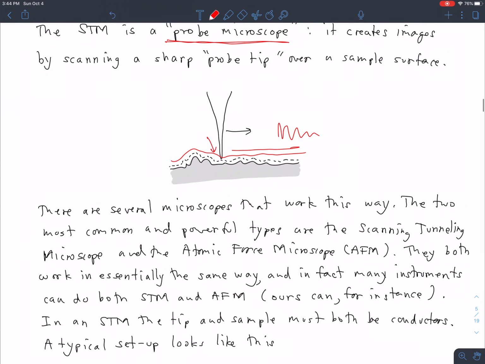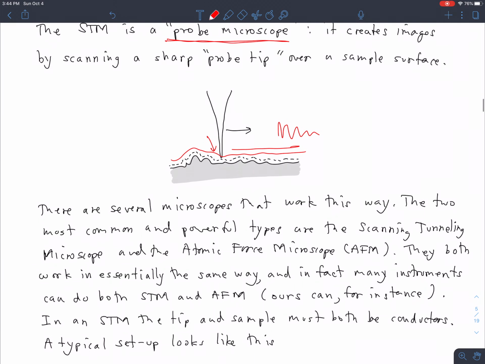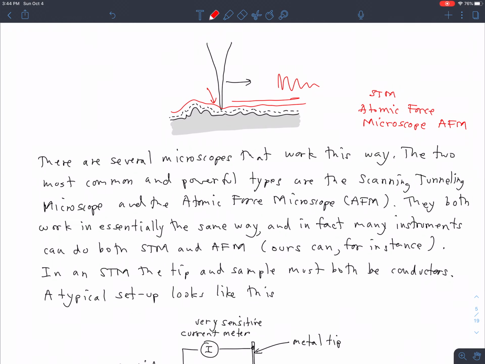So the common types of probe microscopes are the STM itself, and then another one called an atomic force microscope. That's probably actually the most common kind, and our instrument can do both, AFM or STM, so maybe in the future we'll do atomic force microscopy someday, but for the moment we're working on STM.